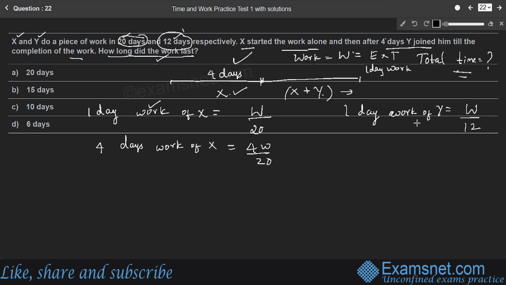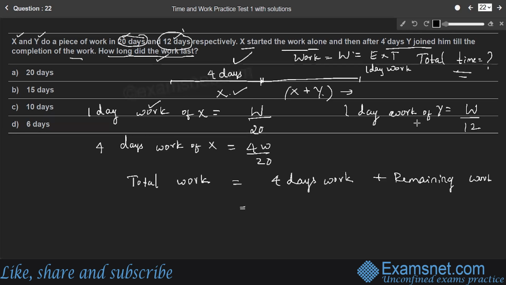Y joins the work. Therefore, we'll consider total work as first 4 days work plus remaining work. Can we consider like this? Remaining work plus first 4 days work.